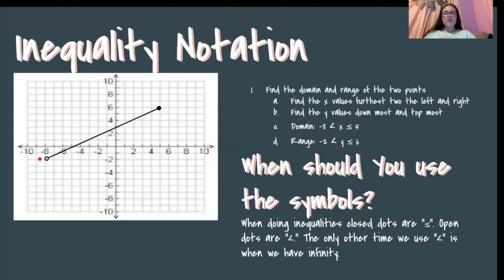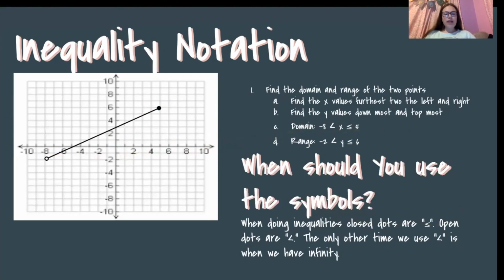And because it's an open circle, we have the less than symbol. And then the one that's furthest to the right for the domain is 5. Because it has a closed point, it is less than or equal to.